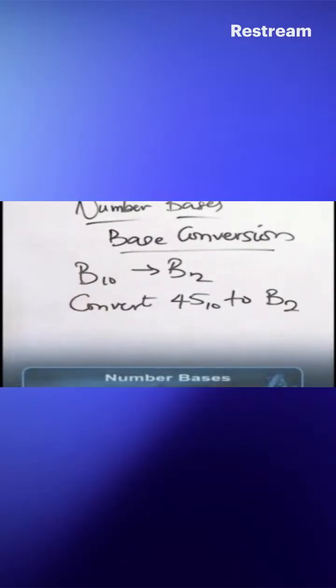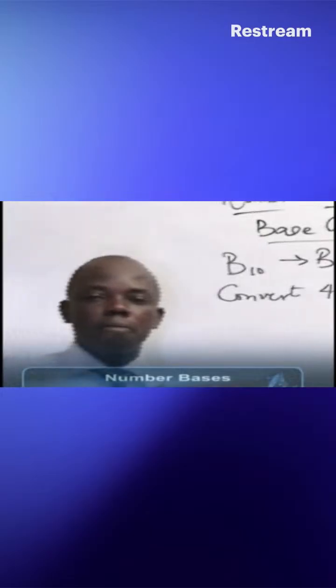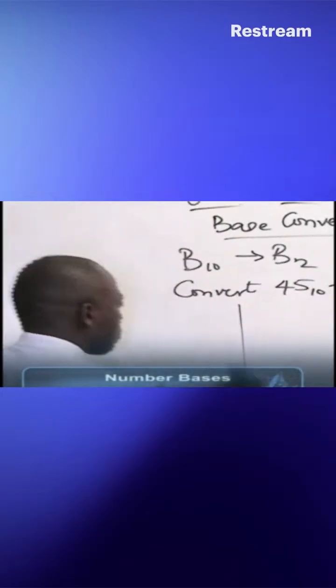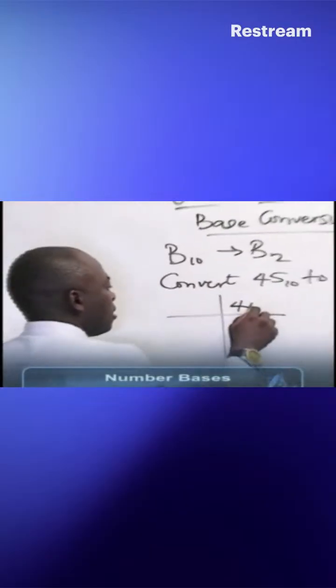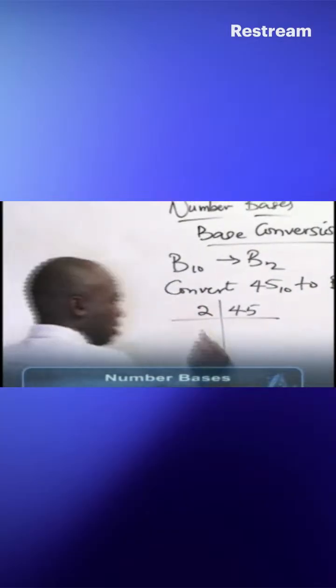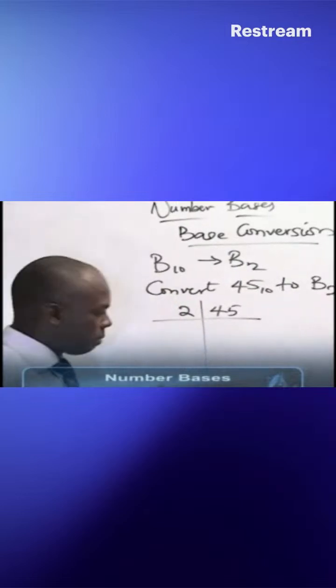The first thing we will do is to create a column of this type. You put 45 on this side, and you put the number you want to use to convert to this side. 2 in this case is what we are using.